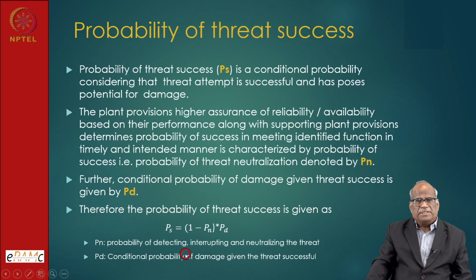So PN is the probability of detection, interruption, and neutralizing the threat. Okay, and 1 minus PN is the unsuccess story.